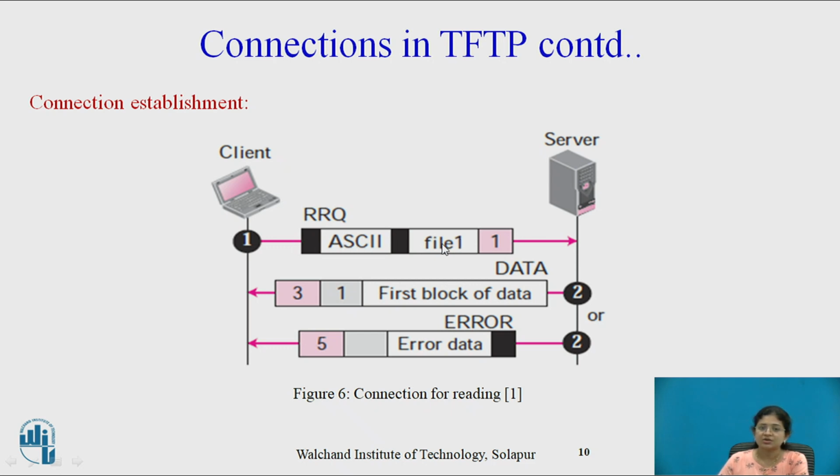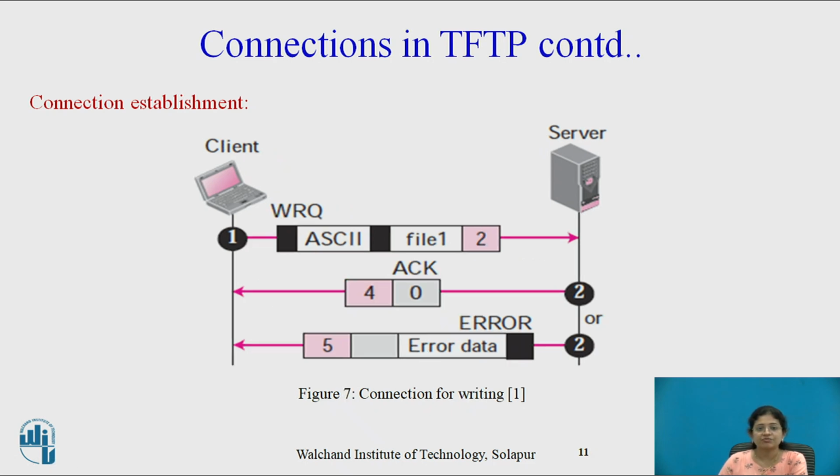Once this request is received, the server gives feedback in two forms: either it gives the data, or it gives an error message. If it is data, it sets the first field to 3 and sends the first block of data. If it is an error message, then it sets the opcode to 5 and sends the error data. Got it? So, this is the connection for reading.